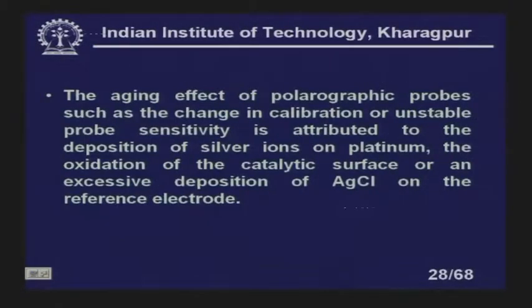The aging effect of the polarographic probes, such as the change in calibrations or unstable probe sensitivity, is attributed to the depositions of silver ions on platinum and the oxidation of the catalytic surface, or an excessive deposition of silver chloride on the reference electrode.